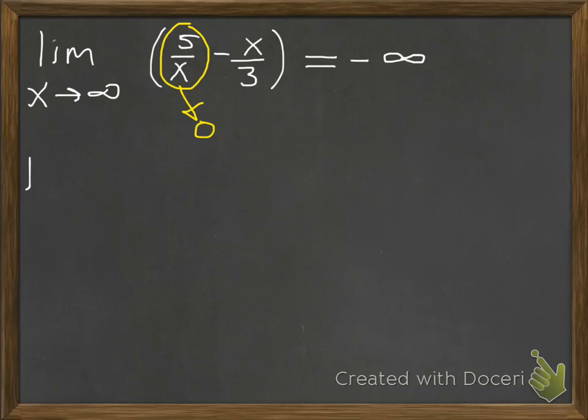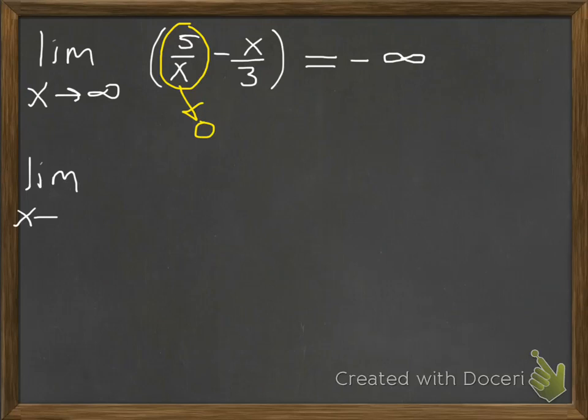So I'm using this thought process of large numbers divided by 3 are still very large. So as x goes to infinity, x over 3 is going to go to infinity. And then I have that negative there that just makes it negative. So it's going to negative infinity. And then that's actually my slant asymptote. I got a slant asymptote at negative 1/3 x.